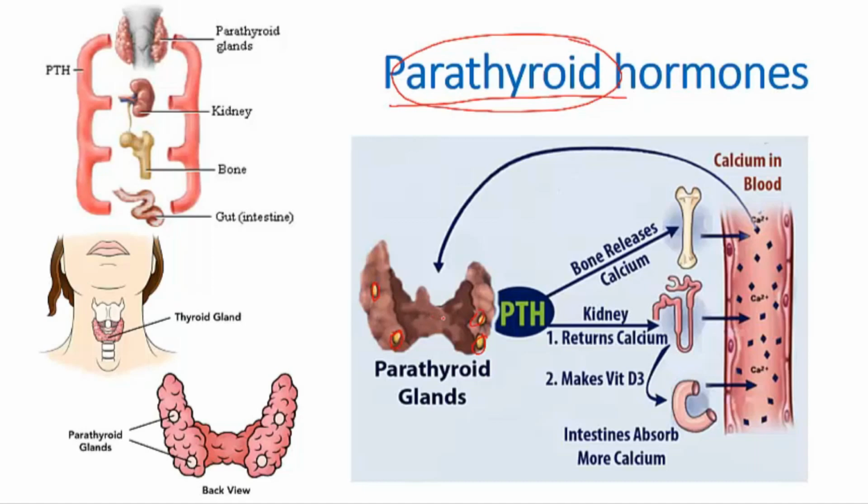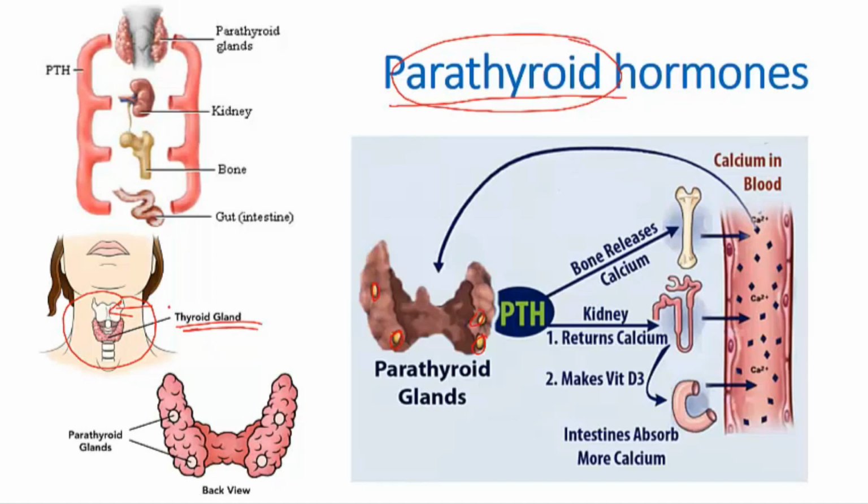You can see these are very tiny compared to the actual structure of the thyroid gland, and this is the position of the thyroid gland near the voice box that we talked about earlier. But parathyroid glands are very tiny, in multiples of 2, so there are 4 different parathyroid components present in this thyroid gland location.